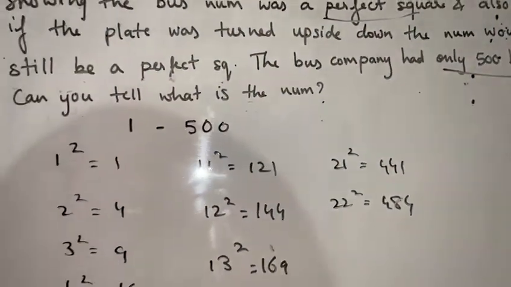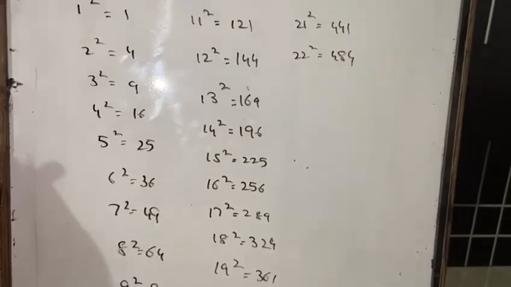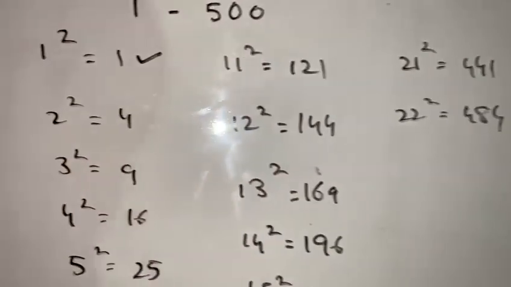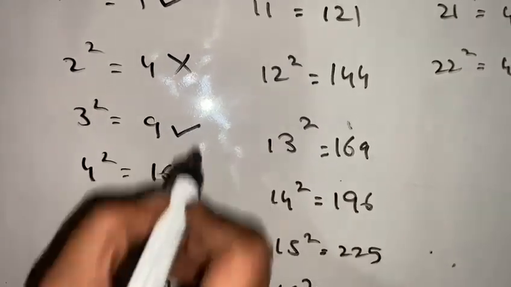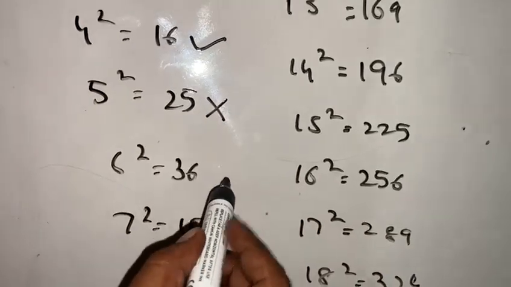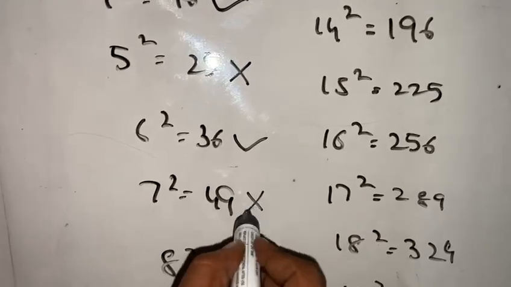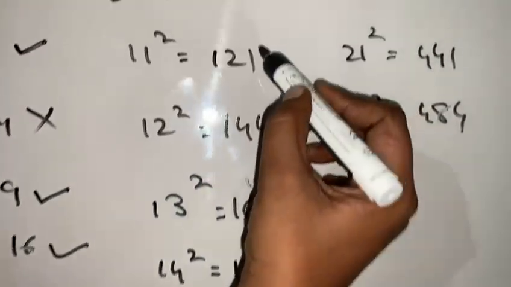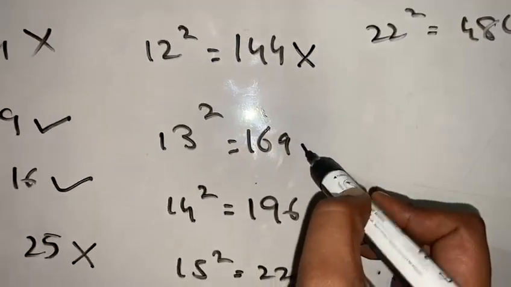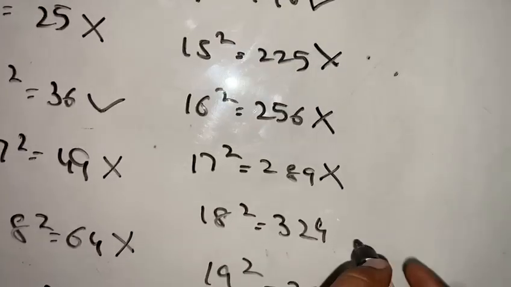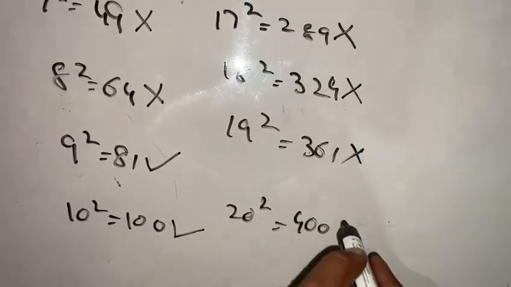Now, if you look at all the square numbers, let's find only those square numbers which still look like a number when turned upside down. 1 looks like a number when turned upside down, 4 doesn't, 9 becomes 6, 16 becomes 91, 25 doesn't look like a number when tilted, 36 is fine, 49 doesn't, 64 doesn't, 81 does, 100 does, 121 doesn't, 144 doesn't, 169 does, 196 does, 225 doesn't, 256 doesn't, 289 doesn't, 324 doesn't, 361 also doesn't, and so on.